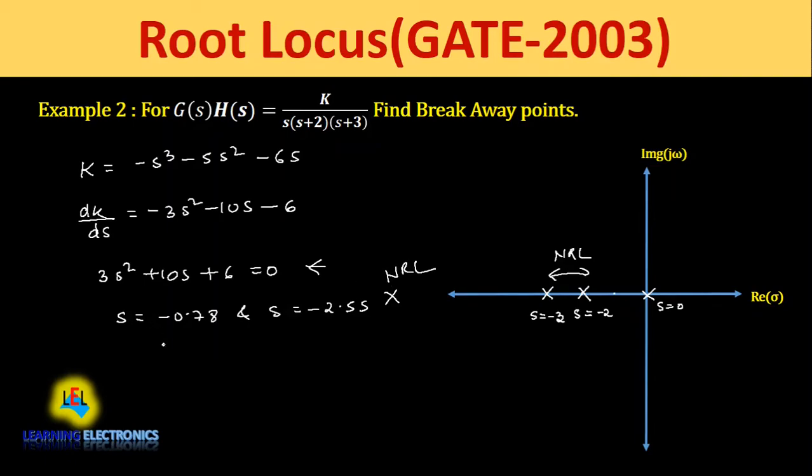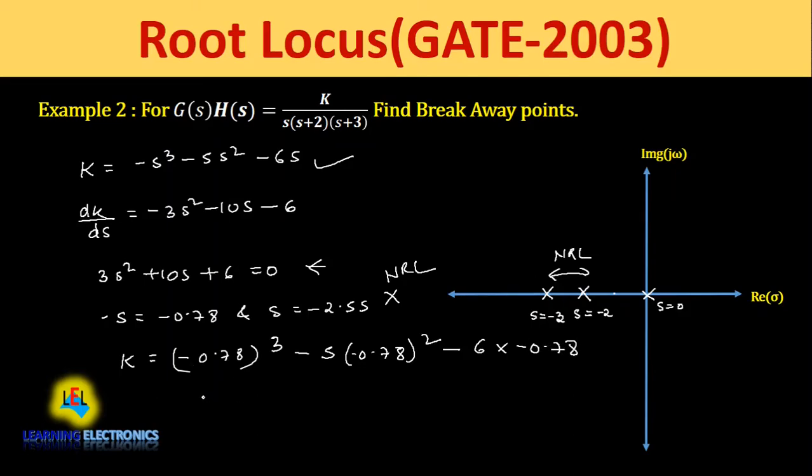Now we have to check the validity of the breakaway point at s equal to minus 0.78 by putting this value of s in the equation of K. When we put this value of s in the equation of K, we will get K equal to minus of (minus 0.78) cube minus 5 into (0.78) square, then minus 6 into minus 0.78.